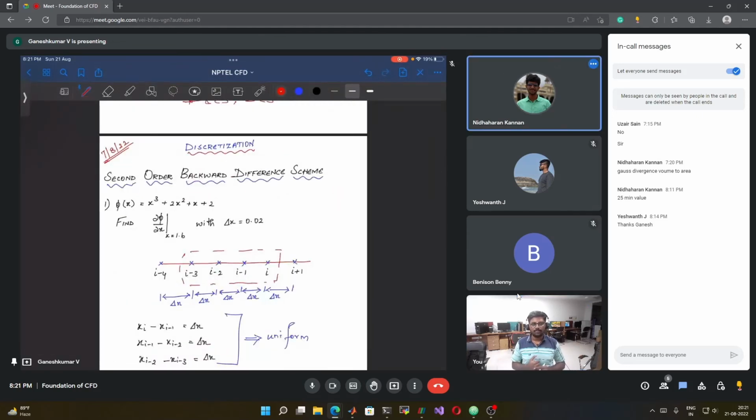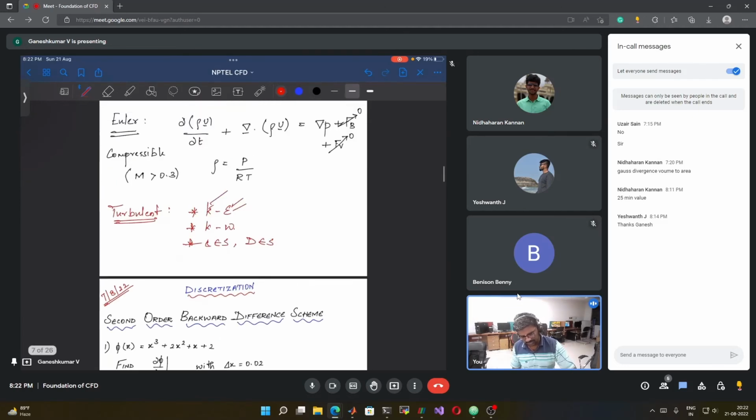Now how do we do this discretization? What discretization does is you have some domain, and you pick a few areas of interest. Let's consider again a square domain, and you consider a few areas of interest.